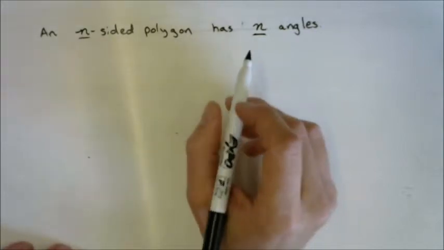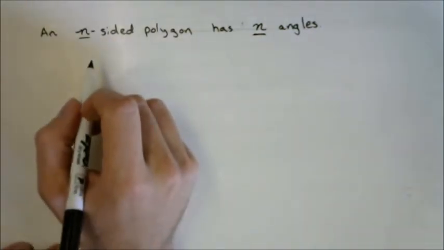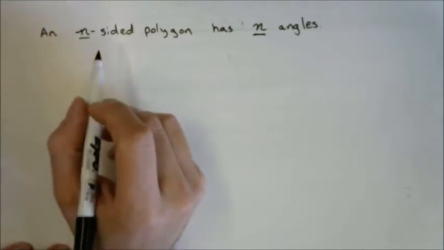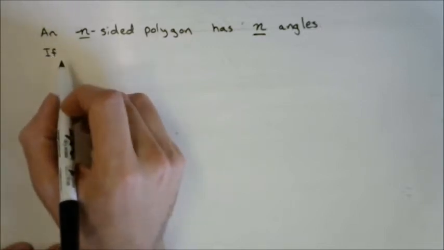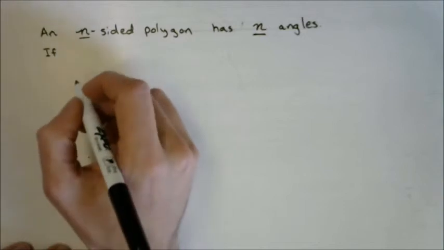Here we go. If each interior angle measures 140, then their sum in degrees is 140n. We're going to write each of these steps so that you can copy this and redo them on your own as well.